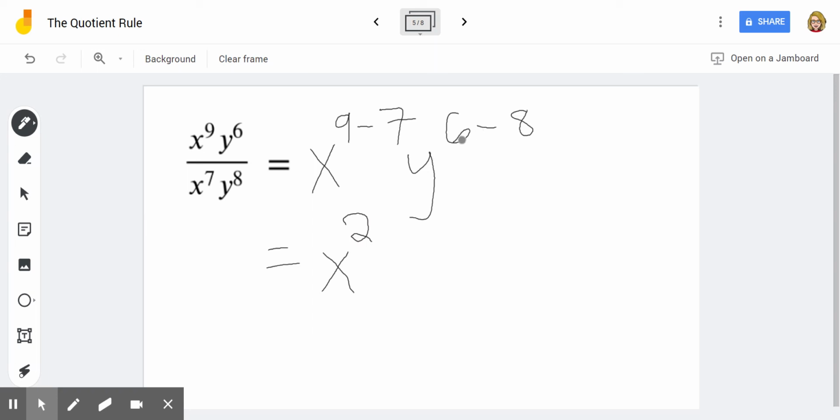For y, we have 6 minus 8, which is negative 2. Uh-oh, we have a negative exponent, and like we just said before, we don't like to have negative exponents. So that's going to turn out to be x squared, and then I'm going to make this a fraction. Instead of having y on the top of the fraction, to make it positive, I just have to move it down. So it becomes y squared.